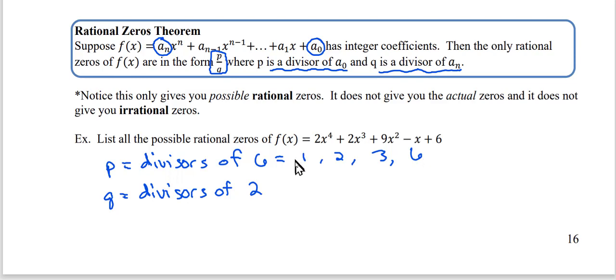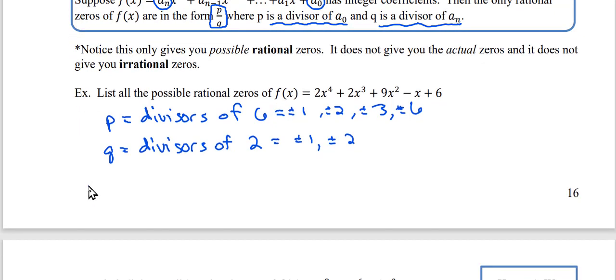So will the negatives of all of those. When we say divisors, we're talking about things that will divide it evenly. If I divide 6 by 3, I get an integer. If I divide 6 by negative 2, I get an integer. So I'm just going to put a plus minus in front of each of those, and I actually have 8 total divisors of 6. When I do the same thing for 2, it's just positive or negative 1 and positive or negative 2.